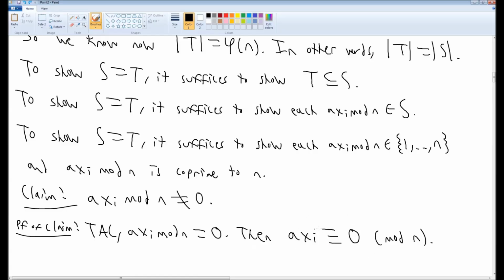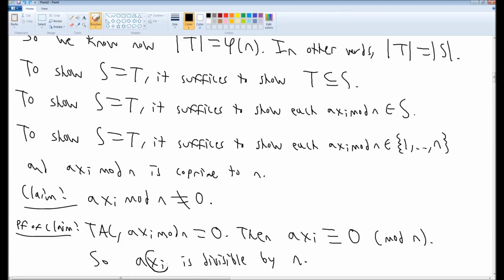But remember, congruent mod n just means when you subtract these two guys, your answer is divisible by n. So in particular, that means a xi minus zero, which is just a xi, is divisible by n. But this is impossible. Why? Because a is coprime to n, so it has no prime factors in common with n.